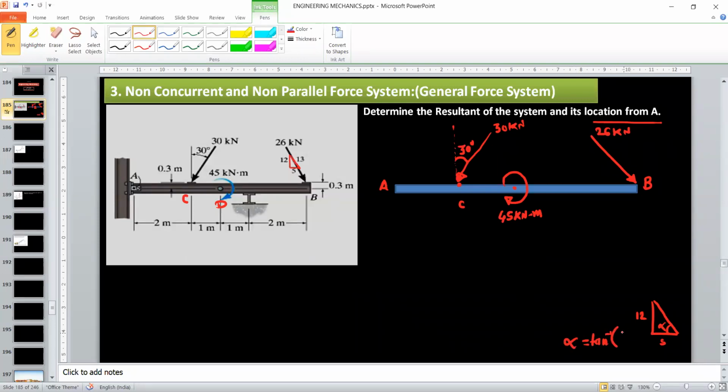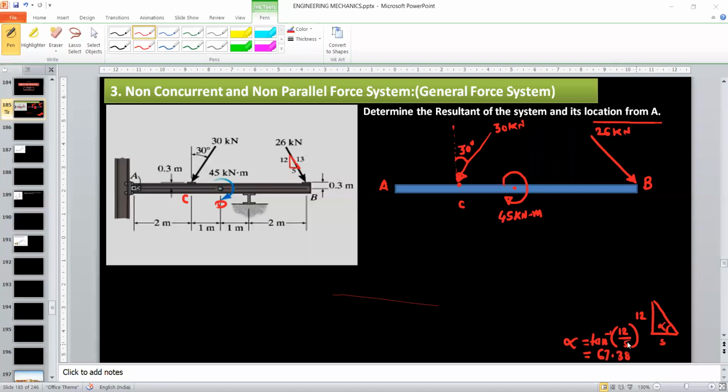So this is tan inverse of 12 upon 5, and you get this angle, which is 67.38.